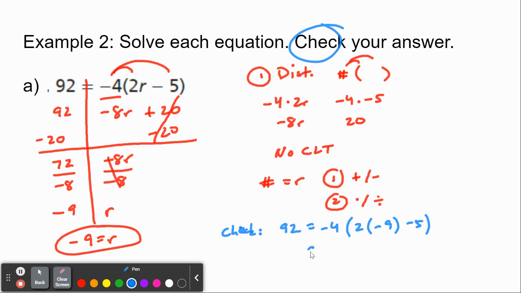So we're just going to really simplify the right-hand side. 2 times -9 is -18. So -4 times -18 minus 5. Then I'm going to combine -18 and -5, so we get -4 times -23 inside. And when you multiply -4 and -23, you do get +92. And 92 equals 92, and we know that -9 is the correct answer.